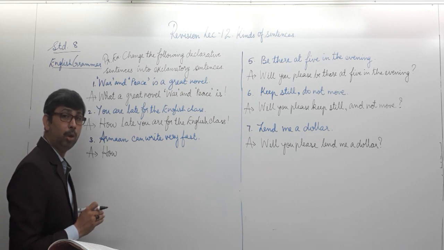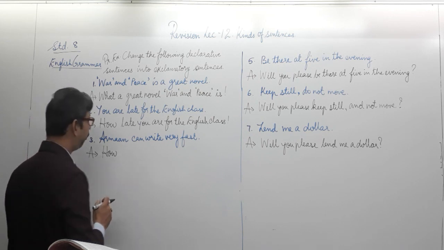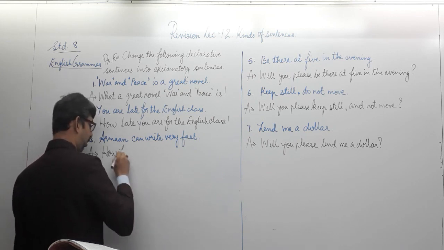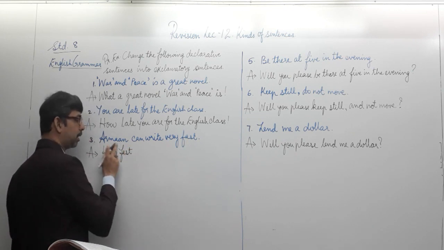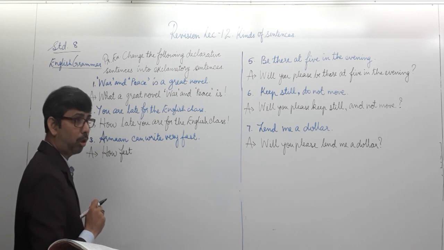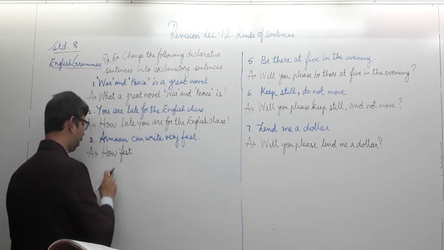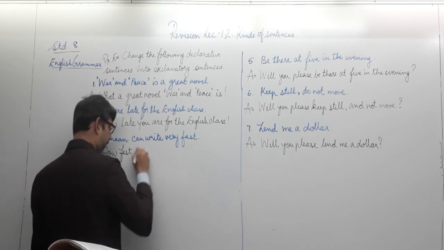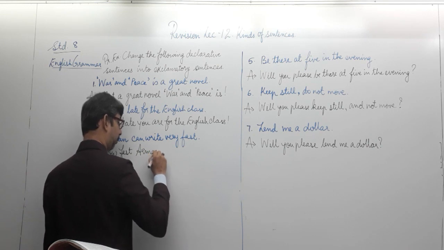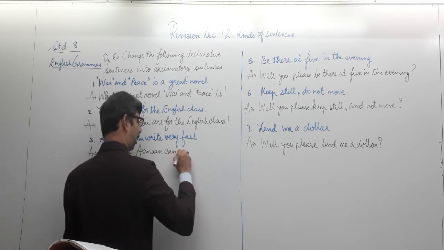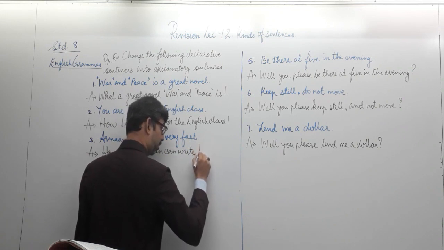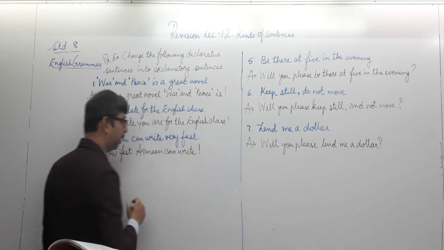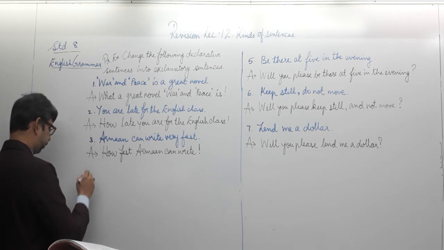You can say only one thing, that is how fast, describing the quality fast within Arman. So here Arman is the noun in focus, what we are expressing the feeling about. How fast Arman can write! And then the exclamation mark, without forgetting.